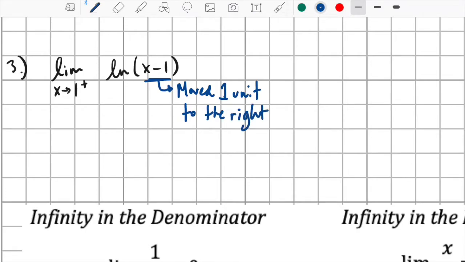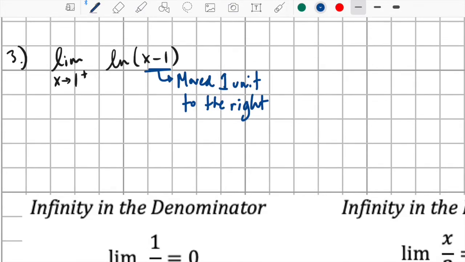So imagine just graphing it. If I would graph it, just a quick graph. It's moved to the right, so the original graph, natural log of x, this y-axis is called an asymptote.